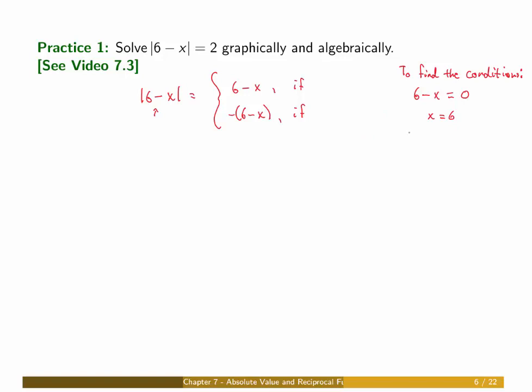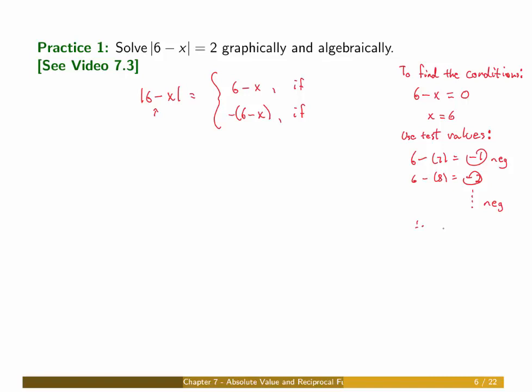Perhaps you can use test values. For example, if I was to use 6 minus 7, that would be negative. You can already see by induction this is going to continue to be negative.